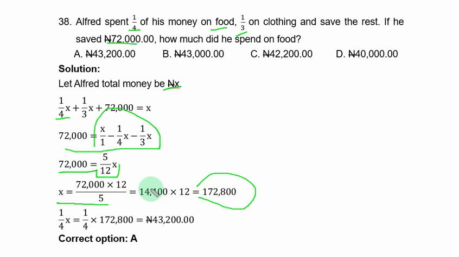The amount he spent on food is 1/4 of S, and S is this. So you have this result. If you divide this by 4, you have 43,200 naira. A is the correct option.